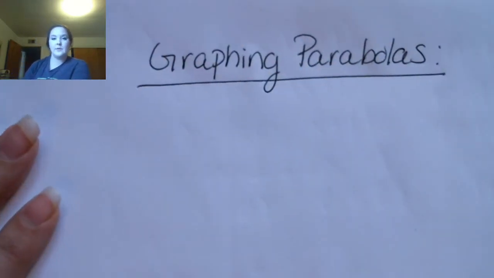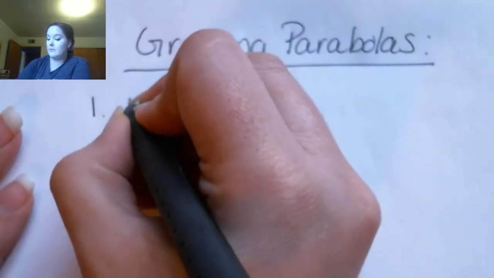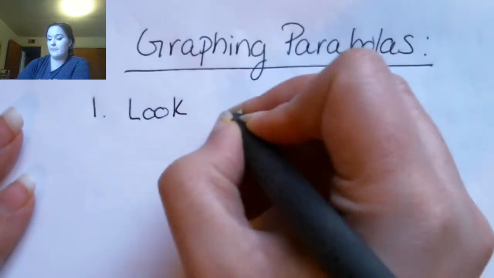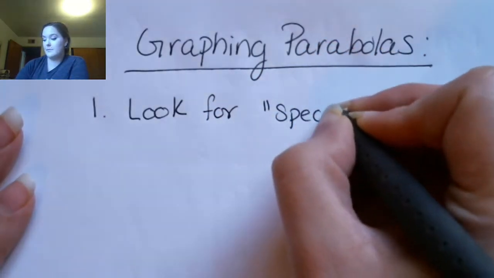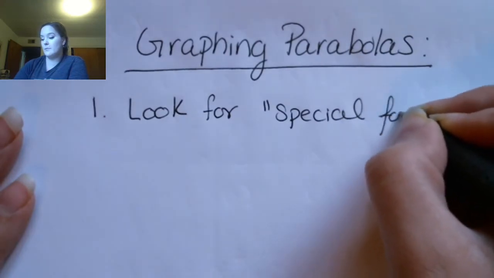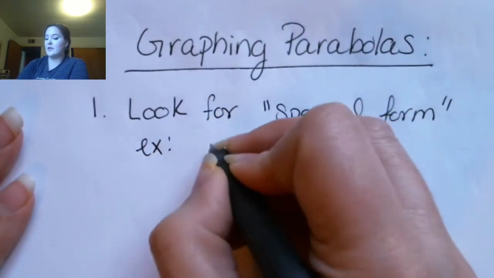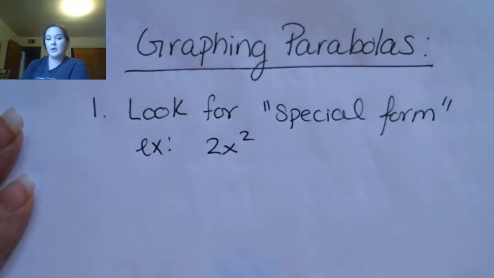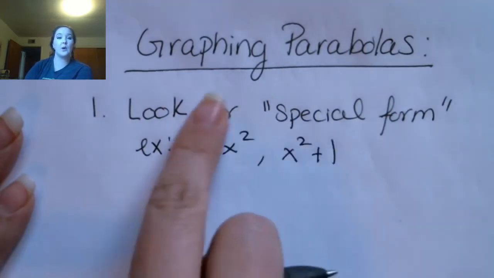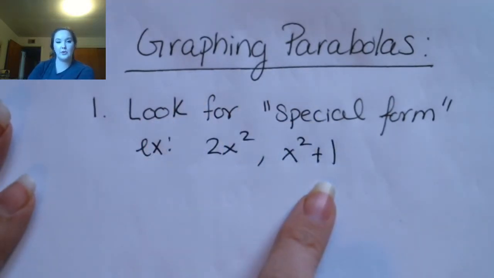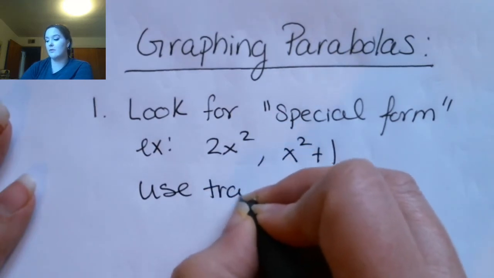So you're going to look at the form. If you have something that's just like 2x squared, x squared plus 1, something that is a really simple transformation, you're going to use transformations to graph.